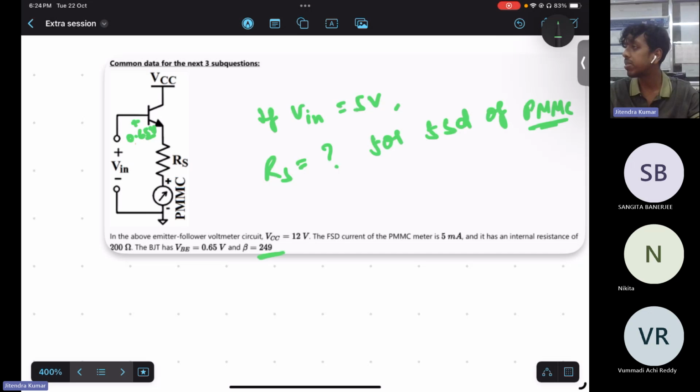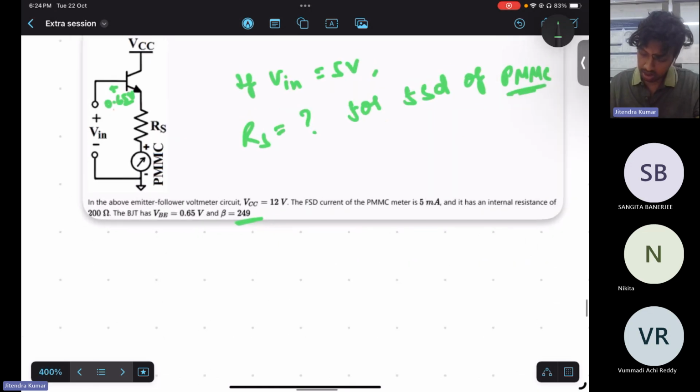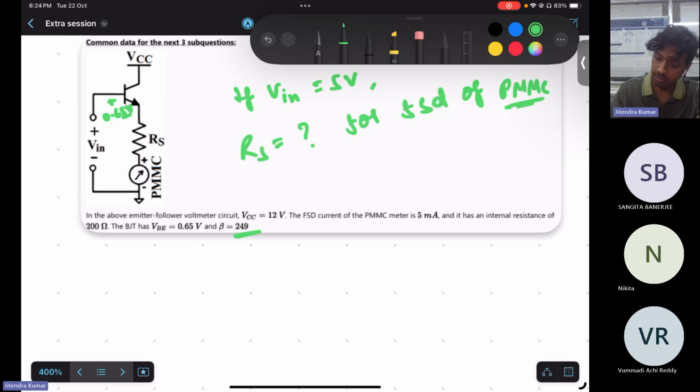We have studied PMMC earlier, so it should not be tough. What should be our approach for this problem? First, we should find a KVL equation. So what will be that equation?